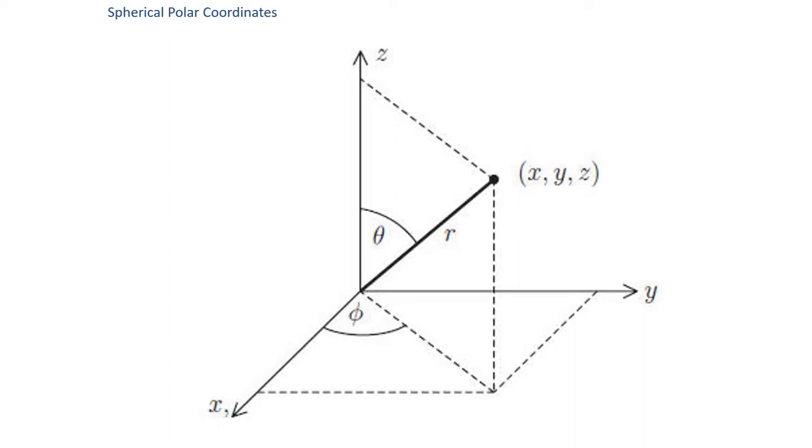So that's the three coordinates, the distance r, and the two angles, theta related to latitude and phi related to longitude. And of course, r, theta and phi are related to x, y and z.